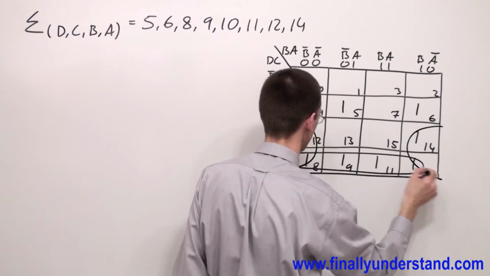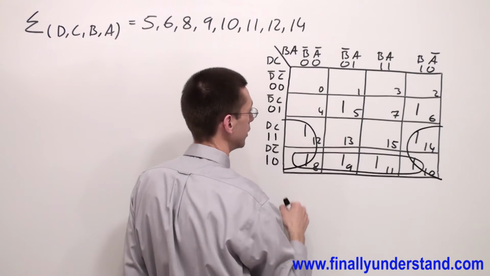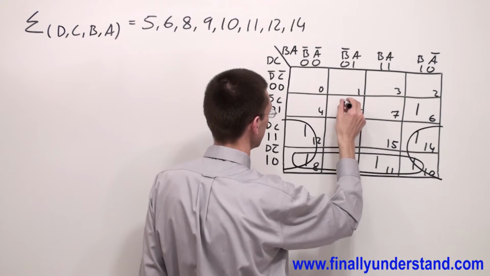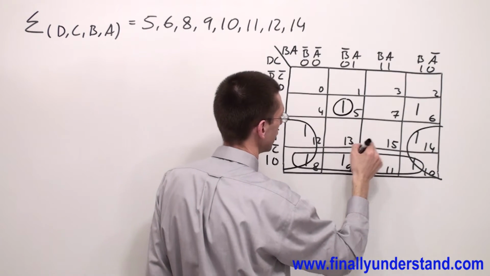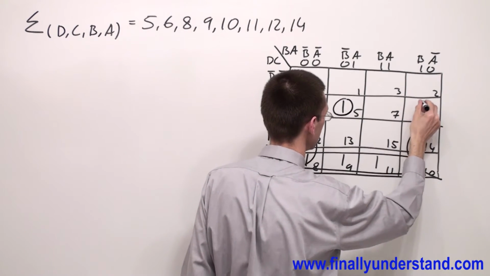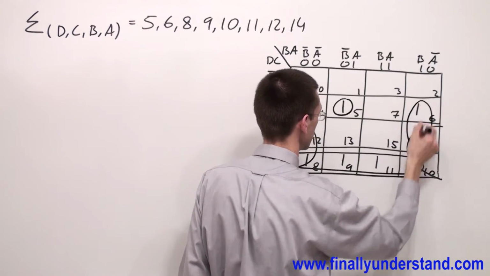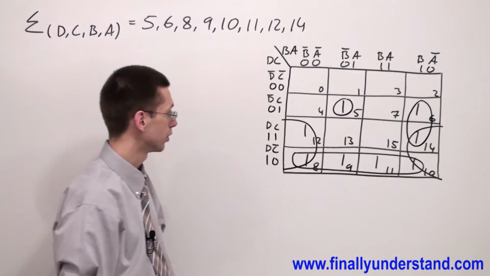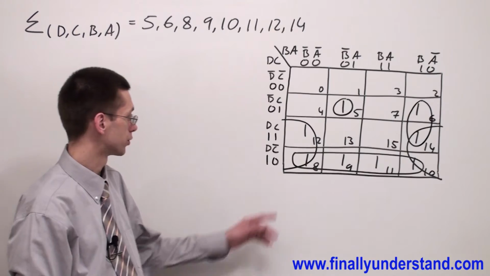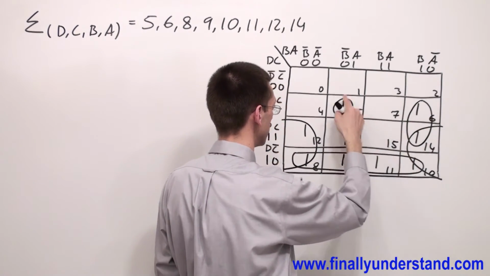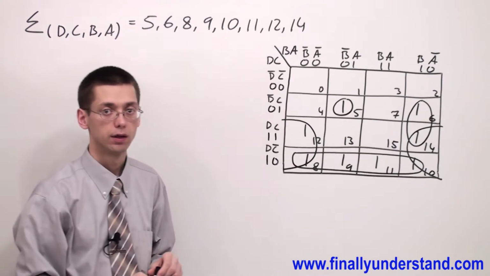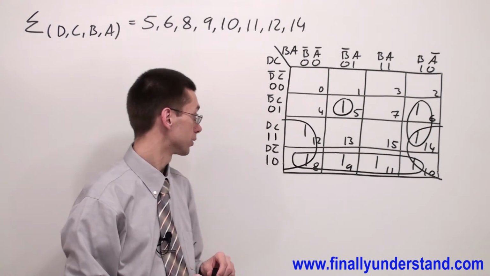I'm going to have another 4 ones, and this one is going to be by itself, and this one I'm going to join with this one. So I have 4 groups: 1, 2, 3, 4. I'm going to start from the biggest ones.